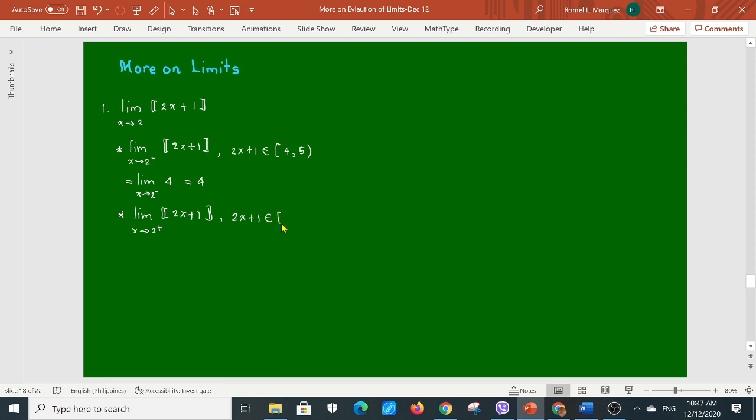So it is between 5 and 6, but less than 6. The greatest integer of a number from 5 to less than 6 is always 5. Therefore, the greatest integer of 2x plus 1, if x is close to 2 from the right, is simply equal to 5. So the limit of that is equal to 5.